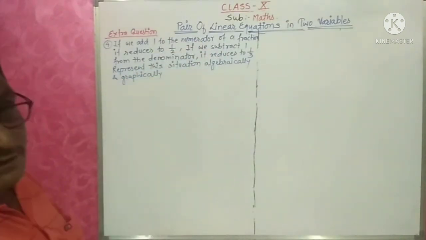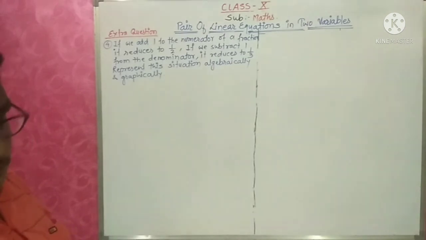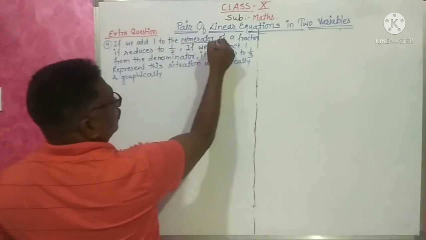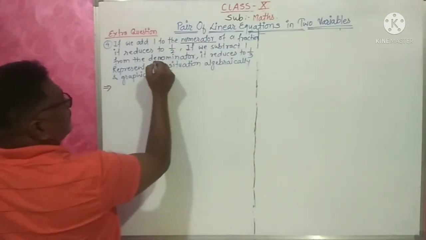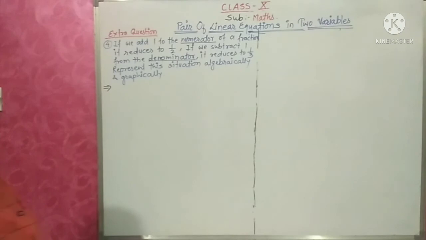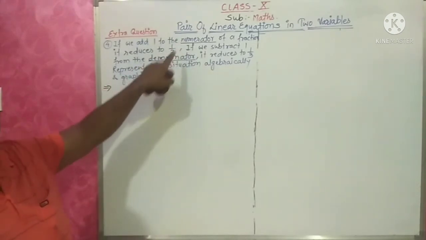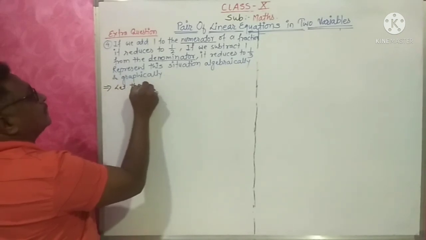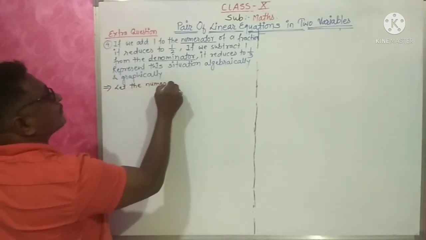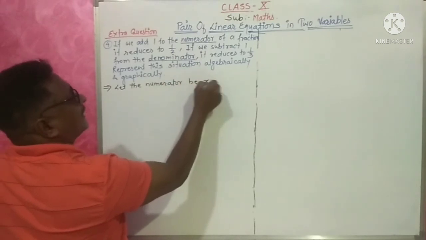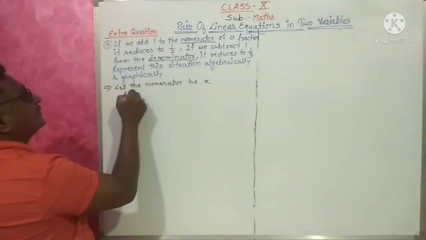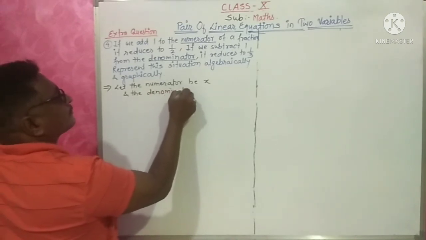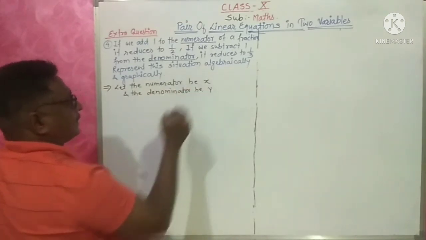So here what I said, first we have to decide two things. Which are the two things? Here, numerator and denominator. Let the numerator be x and the denominator be y.